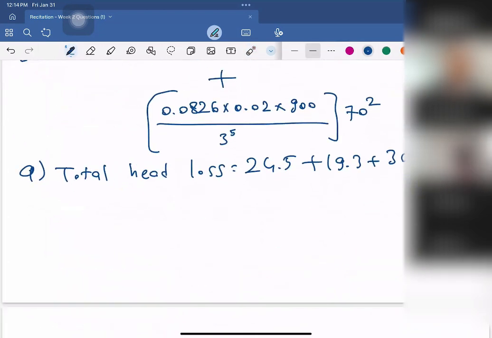Now we found the total head loss, and we need to find the discharge for each branch of these two parallel pipes. So head loss 1 is equal to head loss 2, which will be 19.3.